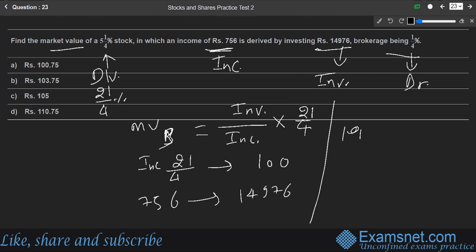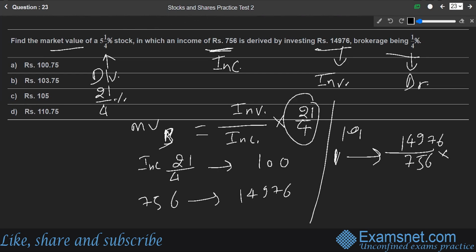So, income of 1 rupee will be fetched when the market value is 14,976 divided by 756. So this is the market value for an income of 1. And the dividend percentage is given as 21 by 4, so the income of 1 share is 21 by 4.